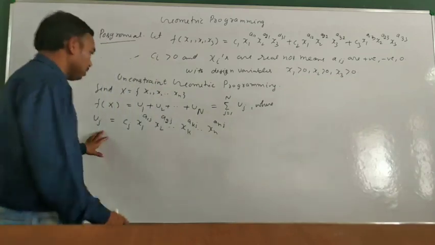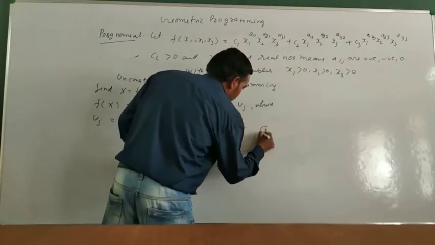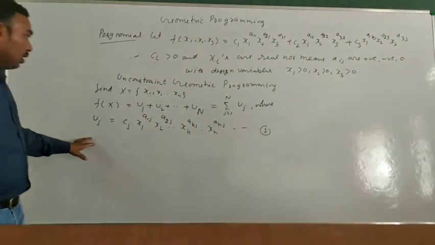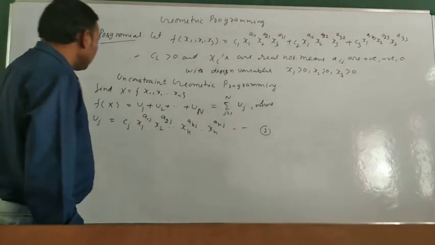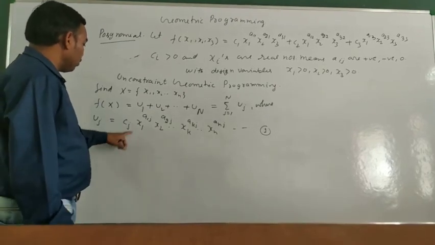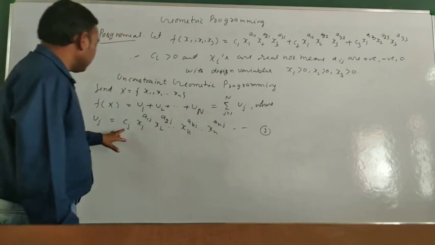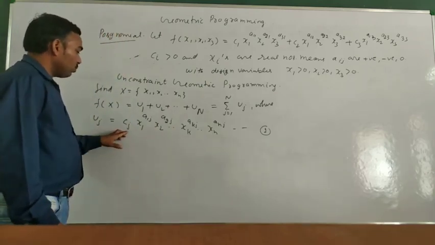If you want to find u1, simply write j equal to 1. If you want to find u2, simply write j equal to 2.